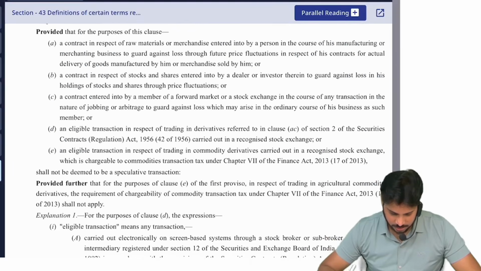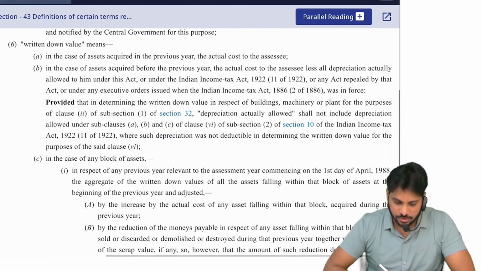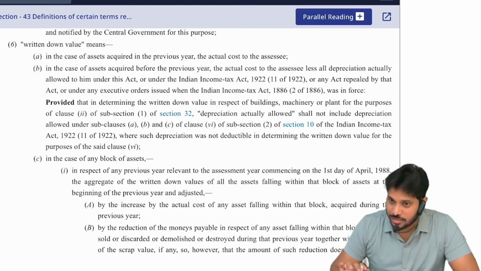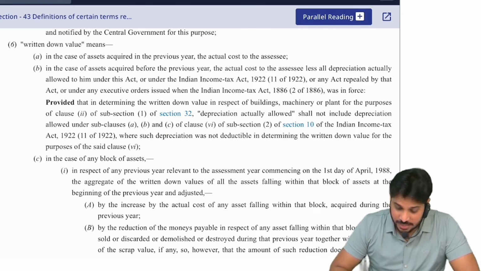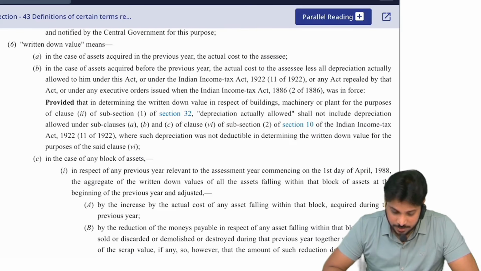Subsection 6 actually talks about written down value meaning. What is written down value? In case of an asset acquired during the previous year, it is the actual cost to the assessee. In case an asset was acquired before the previous year, the actual cost to the assessee less depreciation actually allowed under this Act or any other Act. Provided that while determining written down value, depreciation allowed shall not include depreciation allowed under section 10.